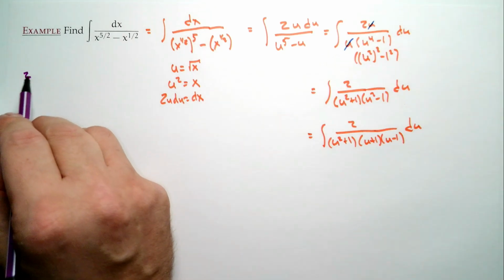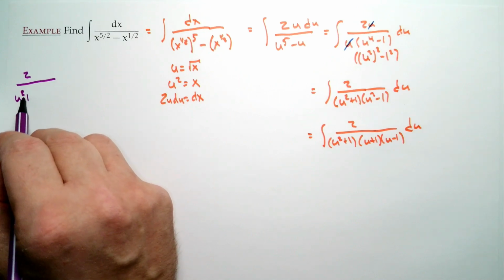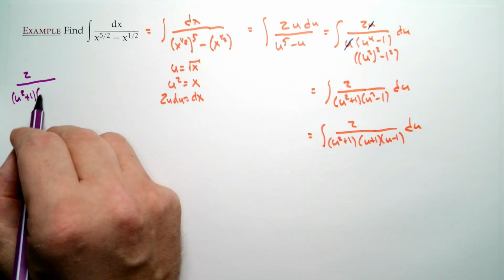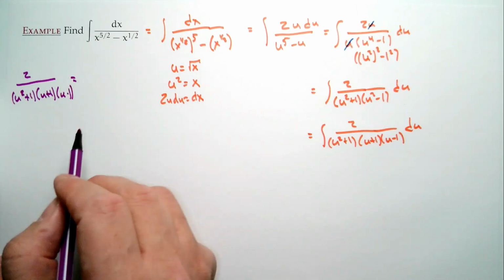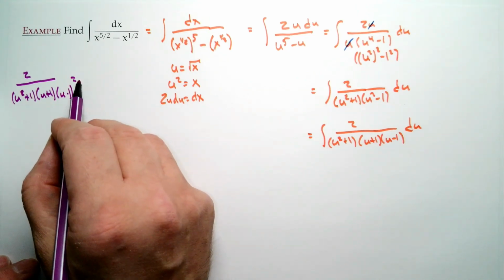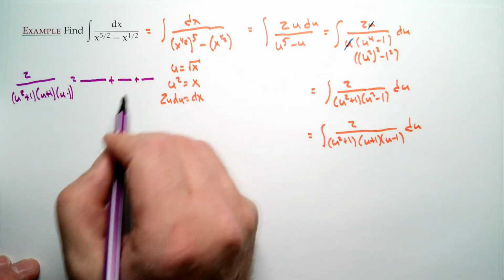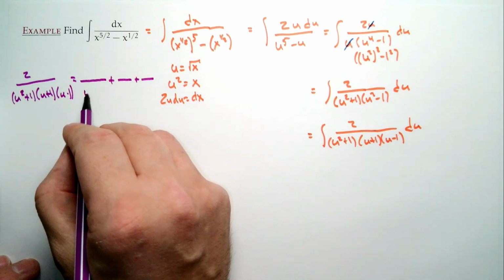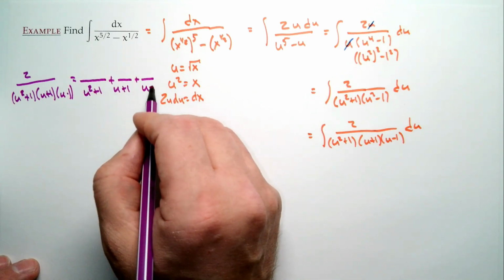So we have 2 divided by u squared plus 1 times u plus 1 times u minus 1 equals, I probably should have picked something with more space. All right, so there's going to be a u squared plus 1 term, a u plus 1 term, a u minus 1 term.